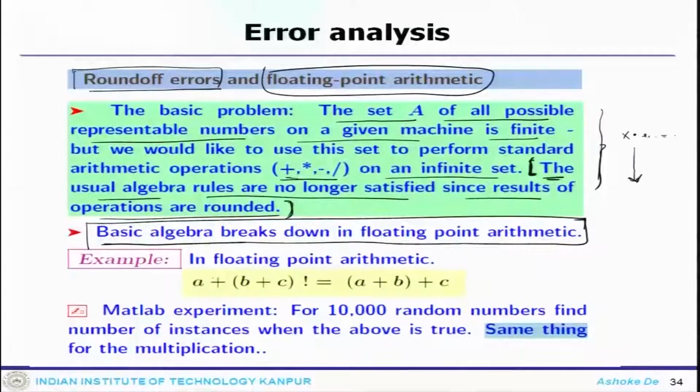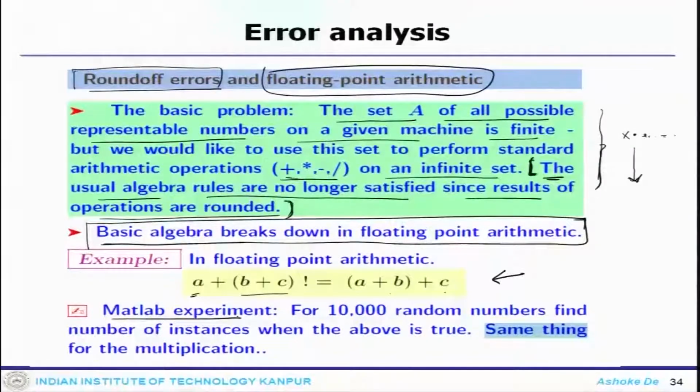So, for example, in floating point arithmetic, what happens if you have a number a and you compute b plus c, and then a plus b plus c? This is where the problem starts appearing, in all your numerical systems, where you are doing addition, division, gradient calculations and all the different calculations associated with the system. In MATLAB one can do some experiments.